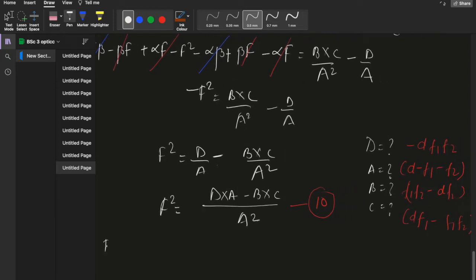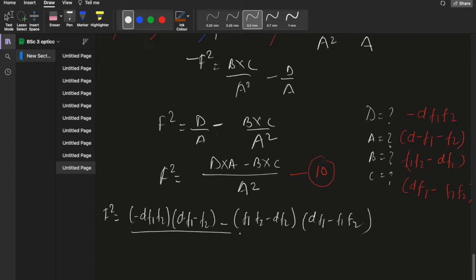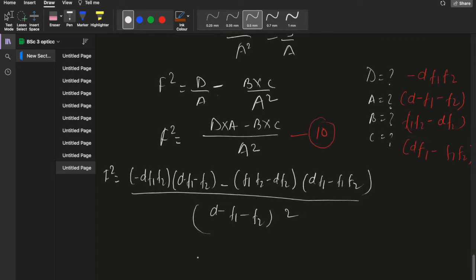F square, value of D is minus of D F1 F2 multiplied by A which is D minus F1 minus F2, minus of B which is F1 F2 minus D F2, C is D F1 minus F1 F2. On the denominator, the value of A is D minus F1 minus F2 to the power 2.